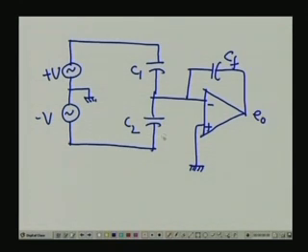This is our circuit. So, we assume two currents, suppose this current is I1, this current is I2 and total current is I, right. And the op amp we are assuming is an ideal op amp, so it is not taking any current inside, right.